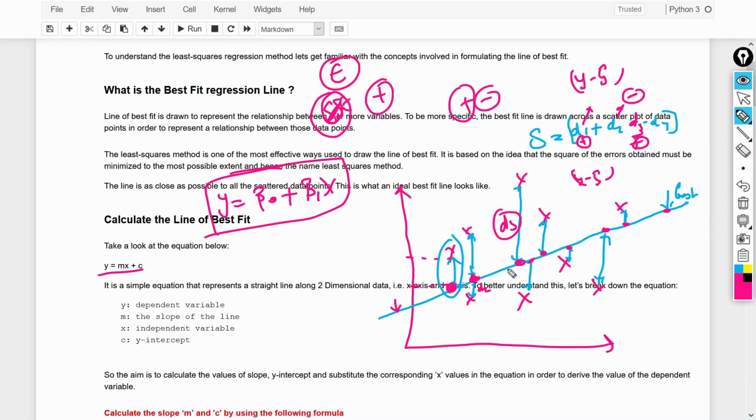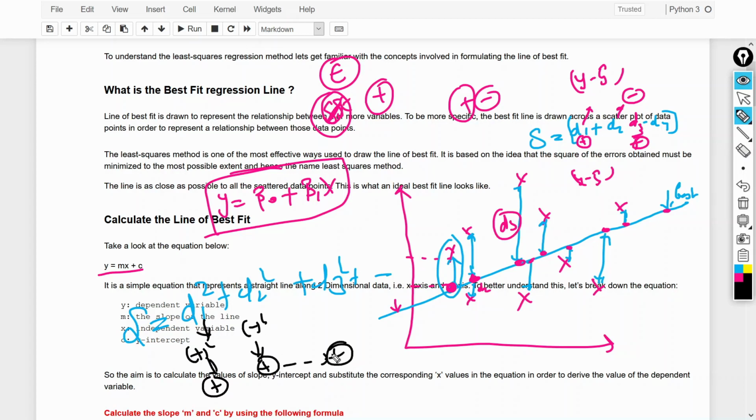So for that what we do is square the errors. We will square the error, meaning d1 square, d2 square, d3 square and so on. Once we square, positive stays positive, and d2 is negative, so its square is still positive. So we will get all positive values.